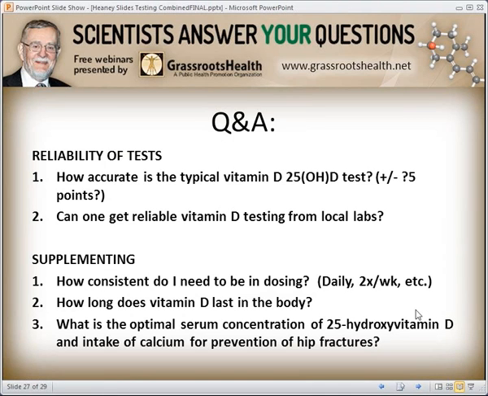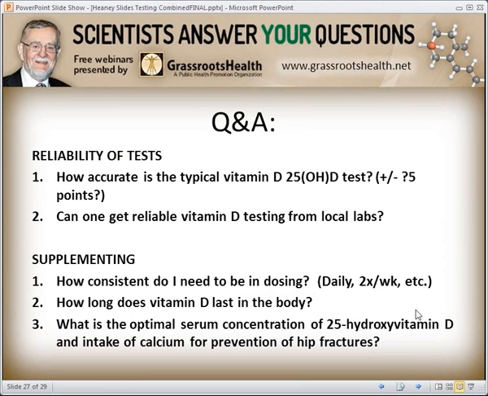One is NIST, the National Institute of Standards and Technology, which sends out known samples and has the lab run their test to see how good a match there is. And then the other is DEQAS. So if you're interested in the quality of your lab, you might want to query what standards they use to measure your samples.